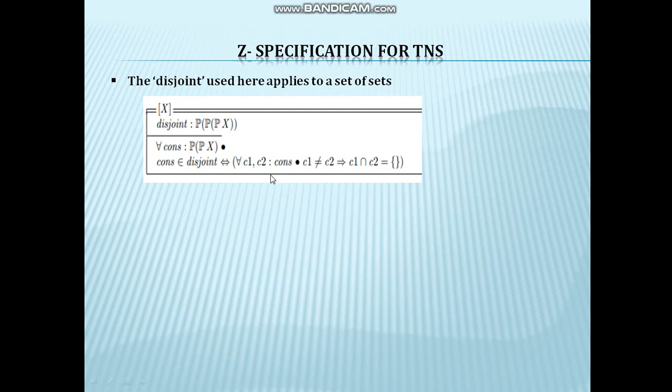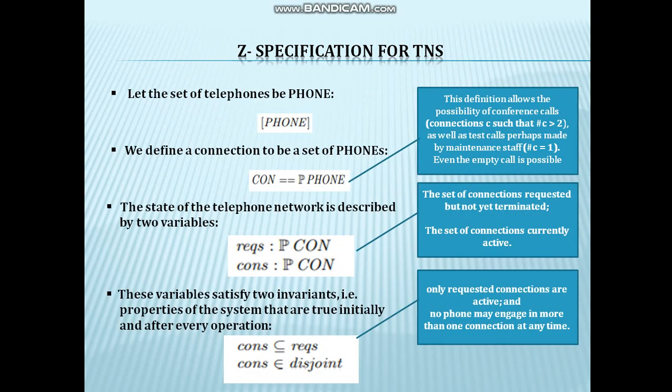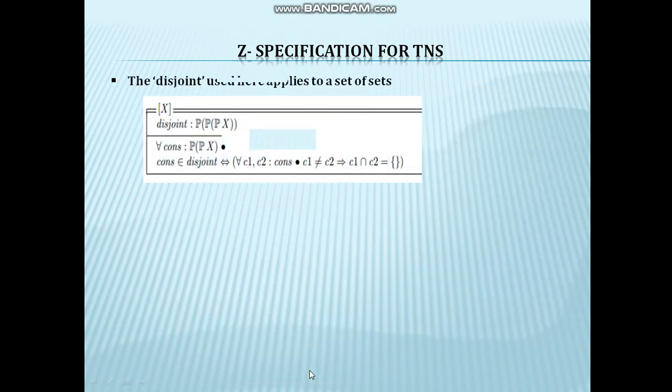This says that no phone may engage in more than one connection at any time. So in Z we represent cons as a member of disjoint. I hope you will understand it.